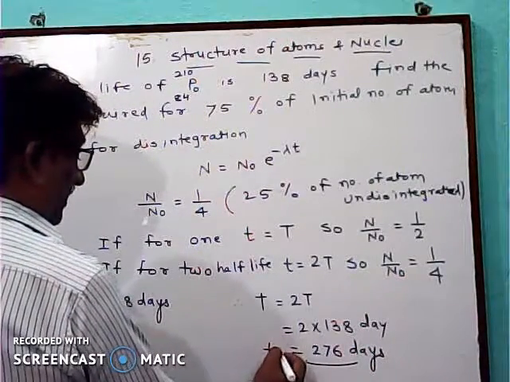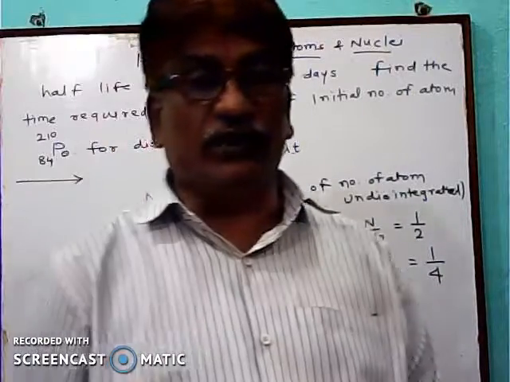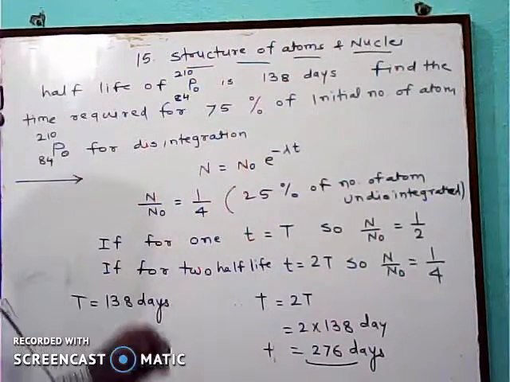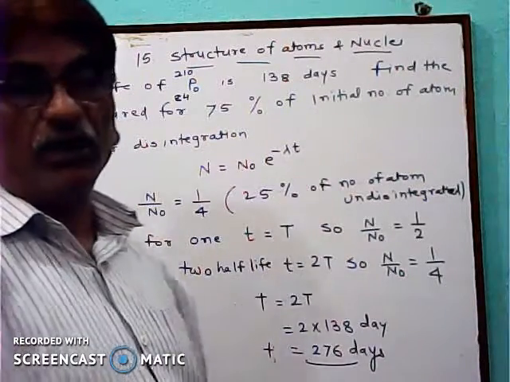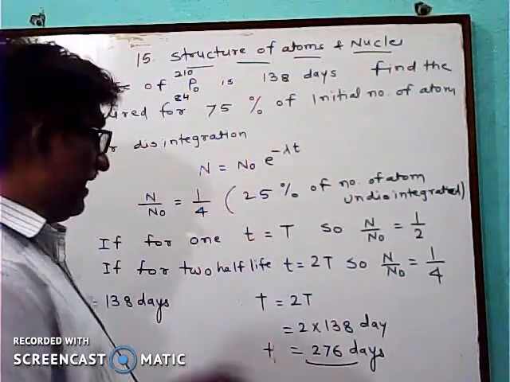So 276 days will be required for 75% of the initial number of atoms to disintegrate.